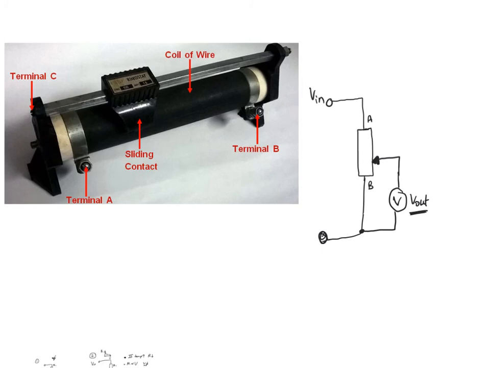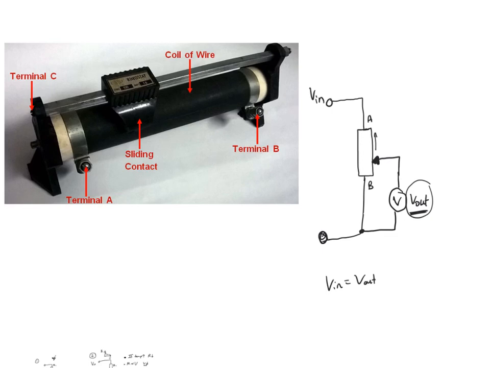The only difference between potential divider circuits and a potentiometer is that with the potentiometer you can move the contact towards A, for example. If I move it towards A, the V out will increase until basically V in is equal to V out. So you can reach the maximum potential difference of the circuit to be equal to the EMF that you provide the circuit with as V out.